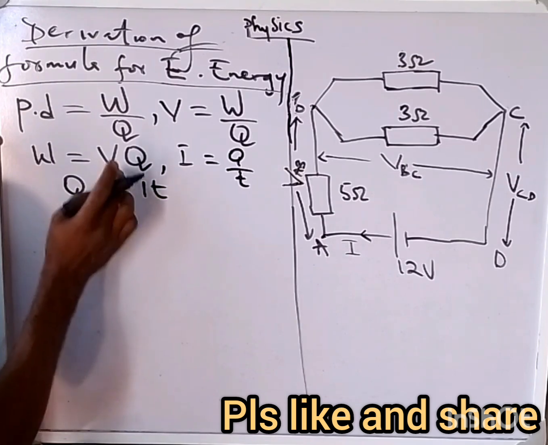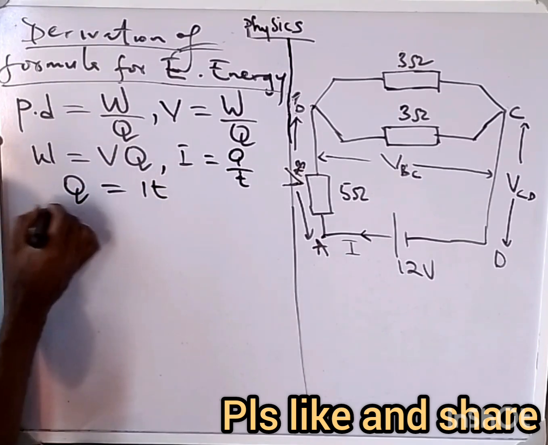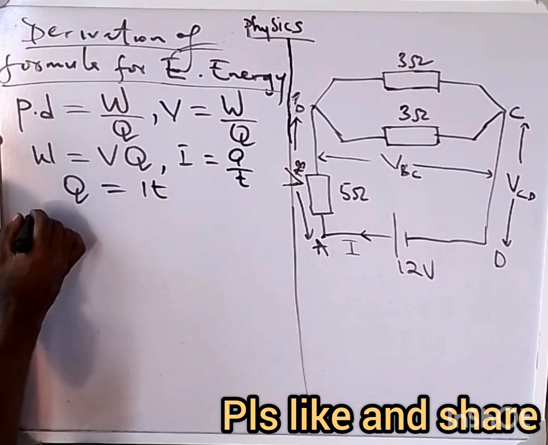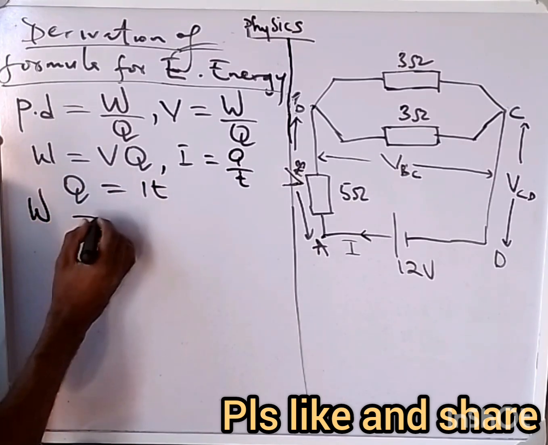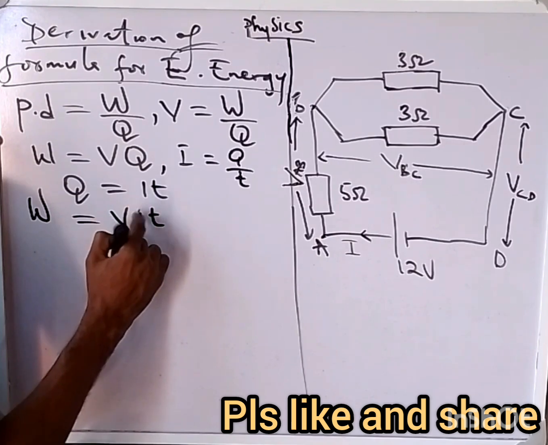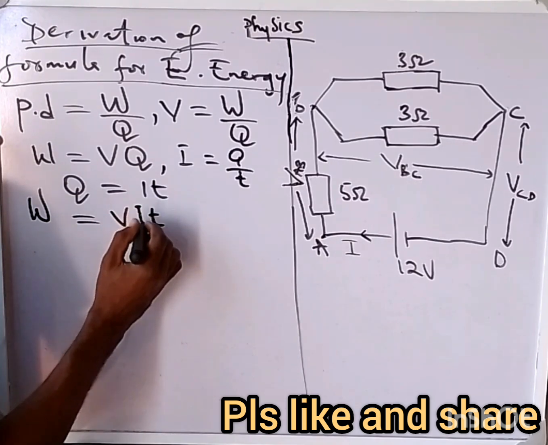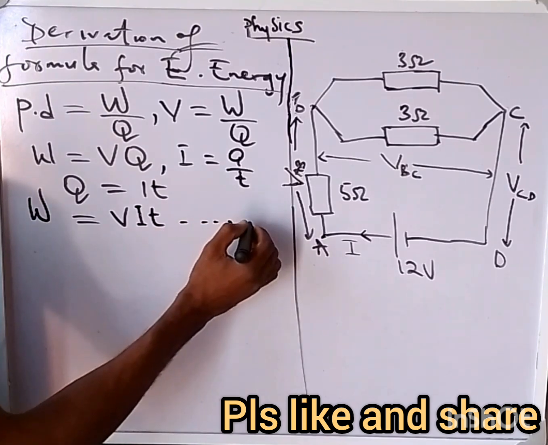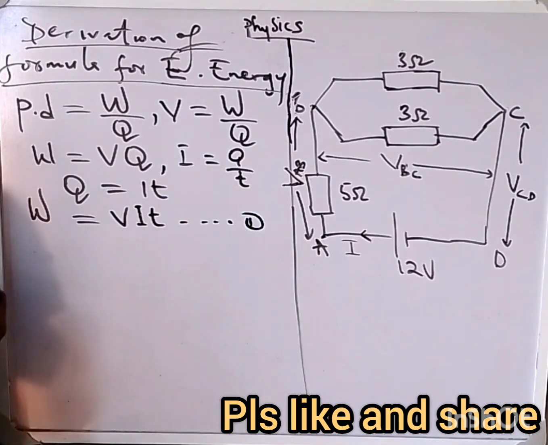So I can substitute this into this equation. So putting Q equals IT into the equation of work done, electric work done is equal to VIT. So I call this the first formula for electric energy.